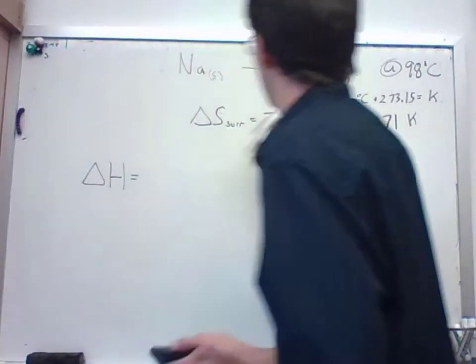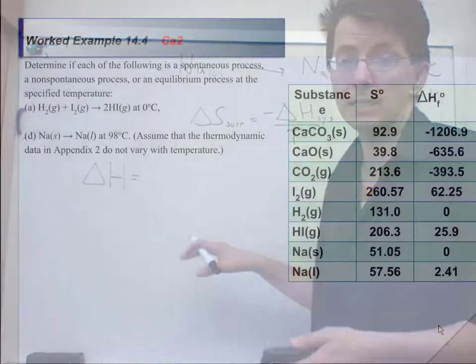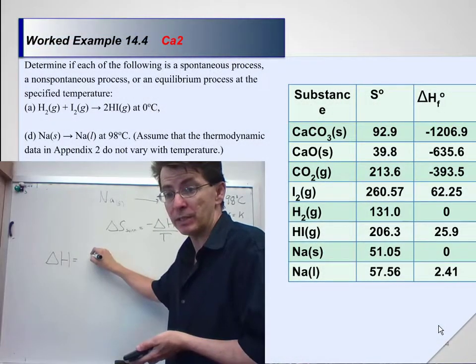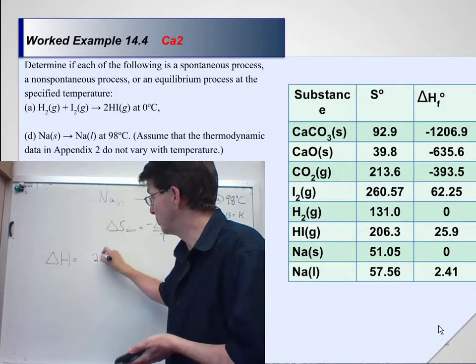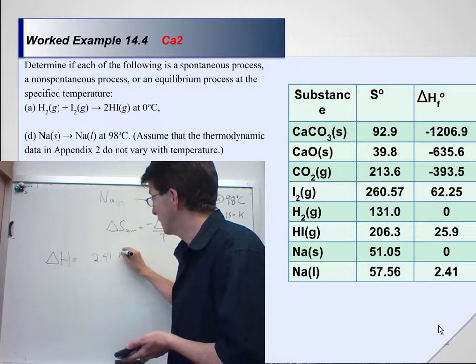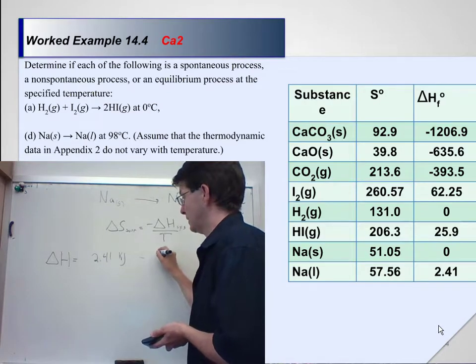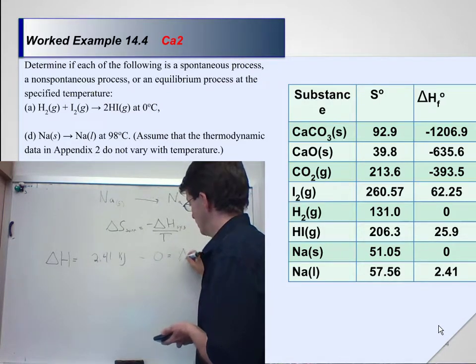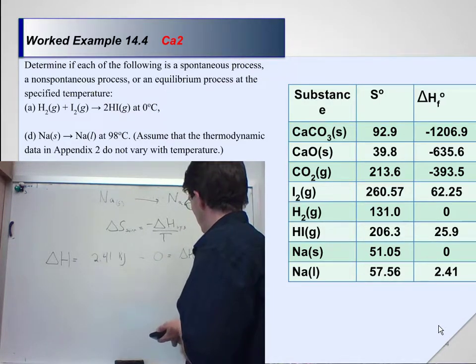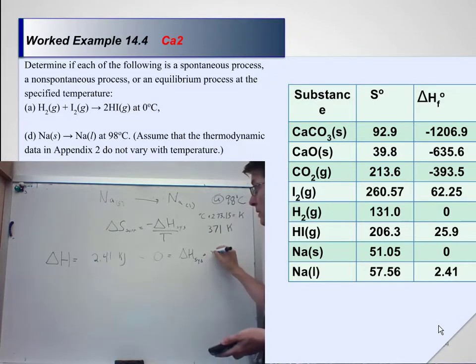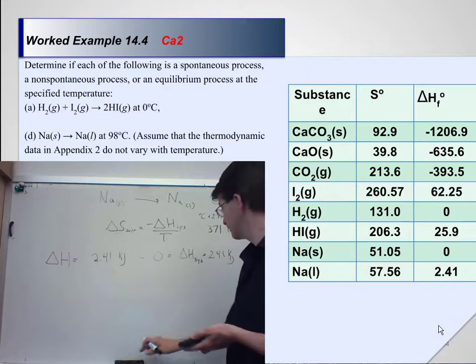So the delta H is products minus reactants. In this case, the products, the liquid sodium, has an enthalpy of 2.41 kilojoules minus the reactants, which is 0, so the delta H of this reaction will equal 2.41 kilojoules, a positive value.